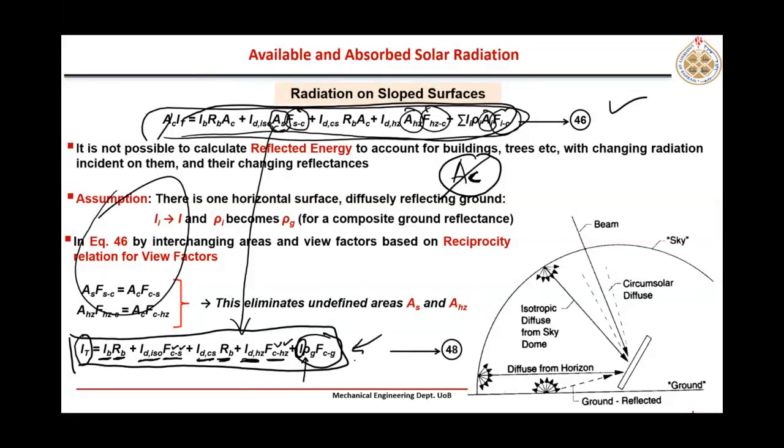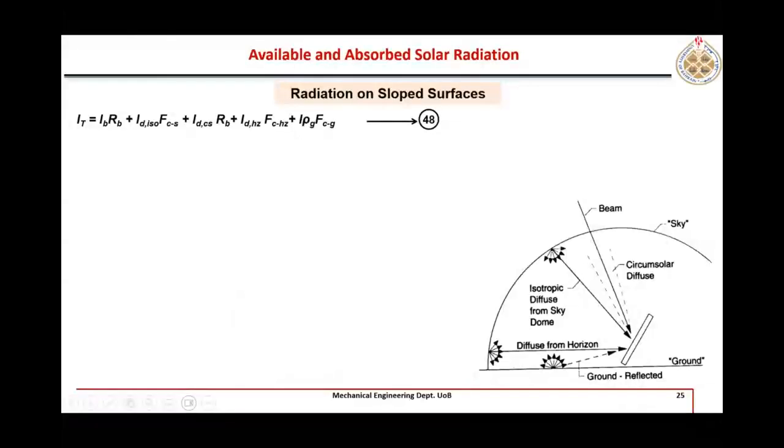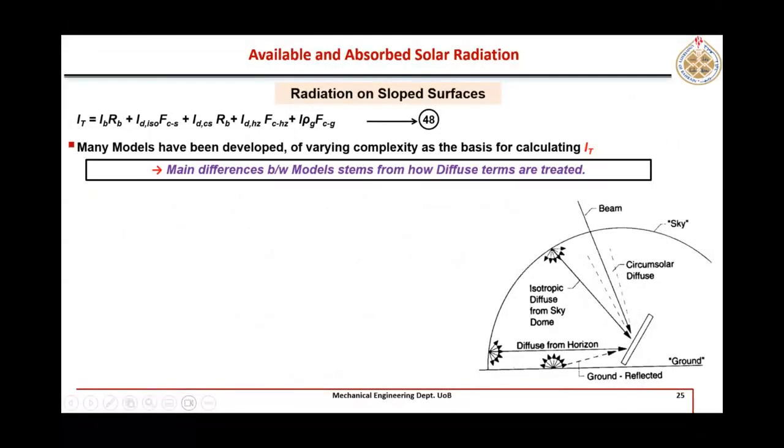Now still this equation we can further simplify, because there are still these terms, circumsolar or horizon, which are not easy to find out. So now we'll further make this equation more easy or more solvable. There are many radiation models available.